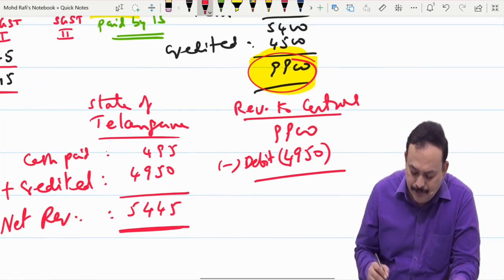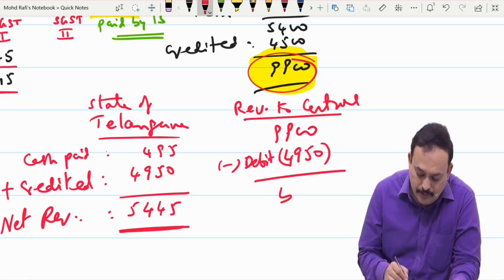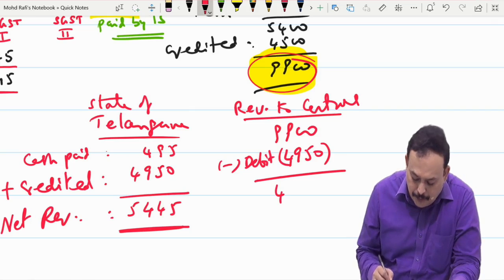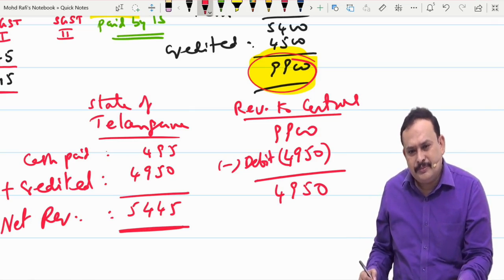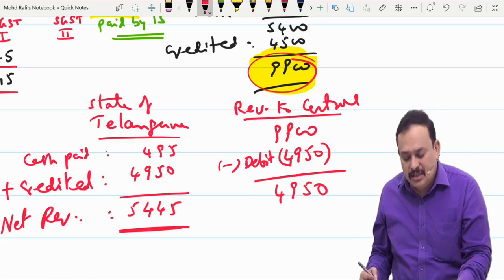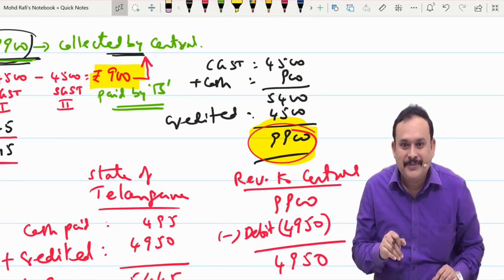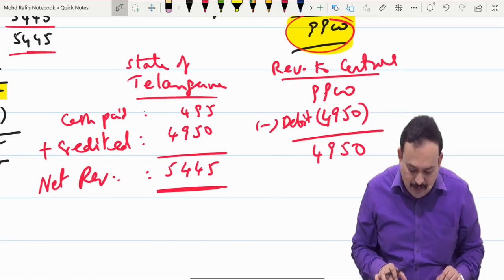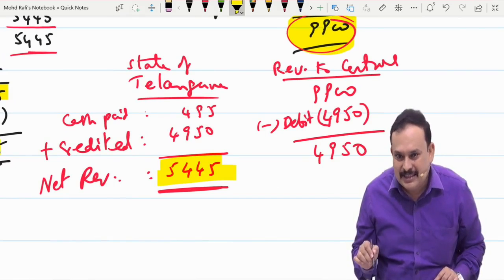And the balance how much comes? 4,950. Now actually the revenue should become equal, no? Did equal revenue come here? Whatever revenue is received by the state government, the same revenue should come to the central government also. Is that clear, my dear sir?